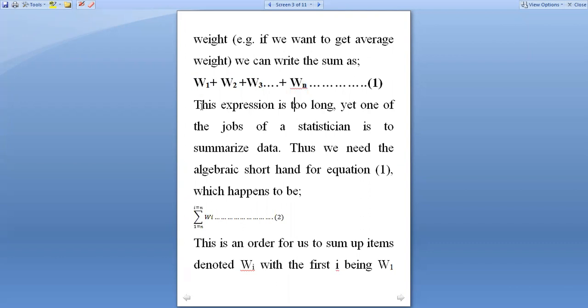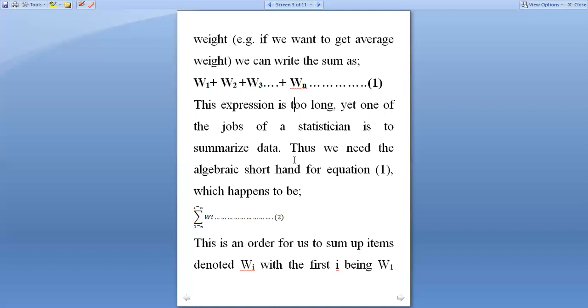We are saying statistically this expression will be too long, yet the work of a statistician is to summarize data. Therefore, instead of writing such a long mathematical statement, we use an algebraic shorthand.